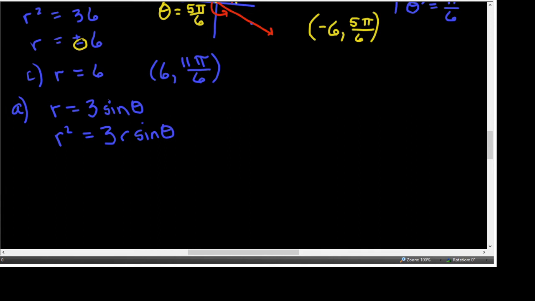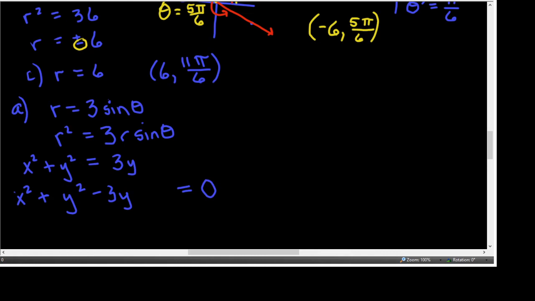Then rewriting that in rectangular form, I know that r squared is x squared plus y squared. And I know that r sine theta is y. So that's appearing to look like the equation of a circle. And I do want you, when you recognize a conic section, to go ahead and rewrite that in standard form. So to write that in standard form, I'm going to move that y, that linear y term, over to the left side to be with the y squared term. Leave a little space. We'll see why in a second.